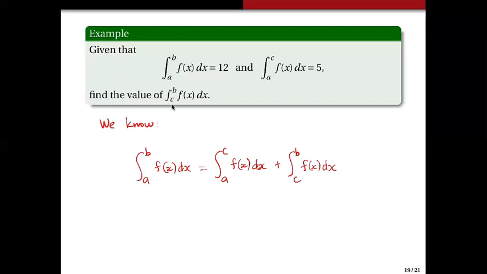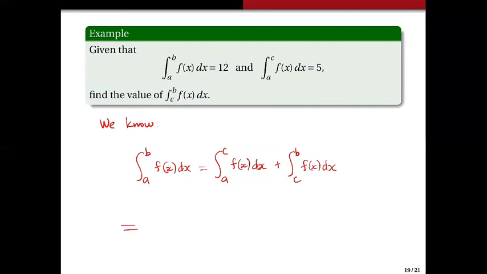We want to find the value of this guy here. Given that we have a value for this part here, and also for this part, we can just solve for this.